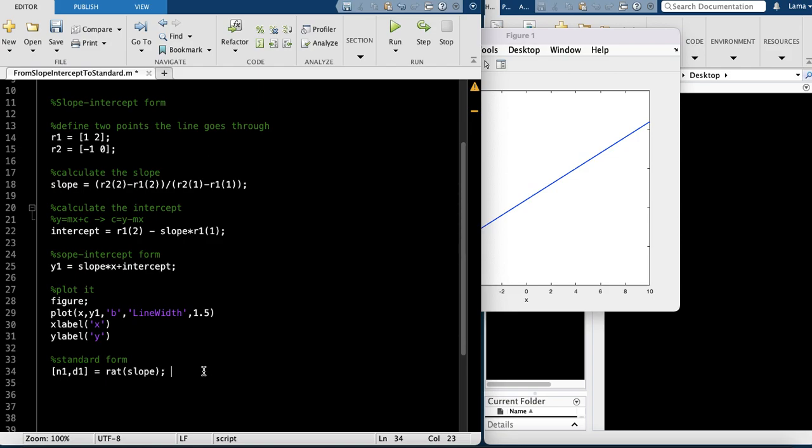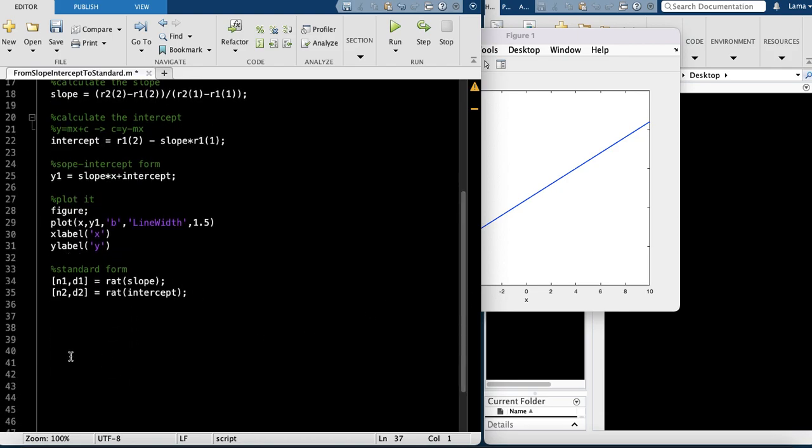All right, now I'll do exactly the same thing. So n2, d2 equals rat of intercept. Okay, so now we have n1, d1, n2, d2.